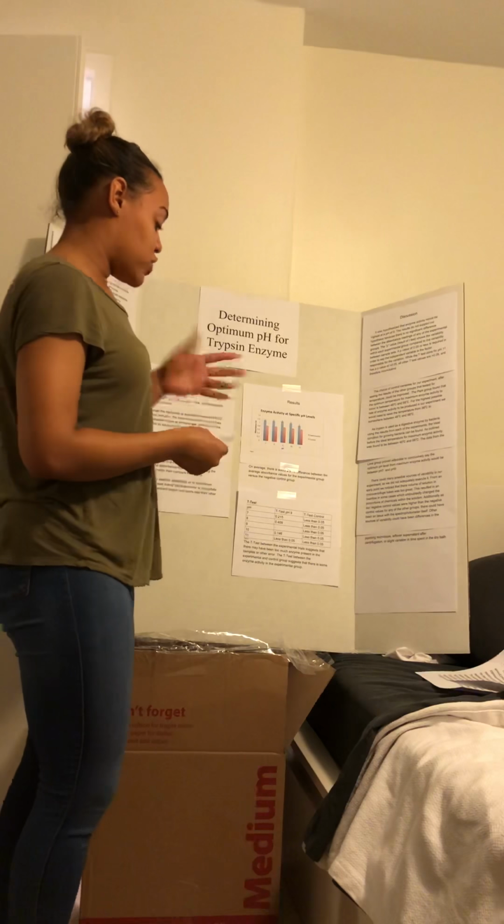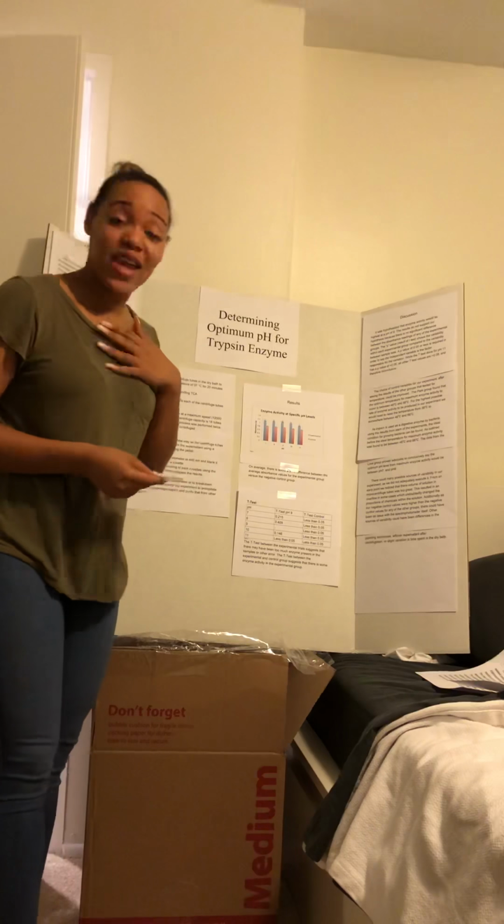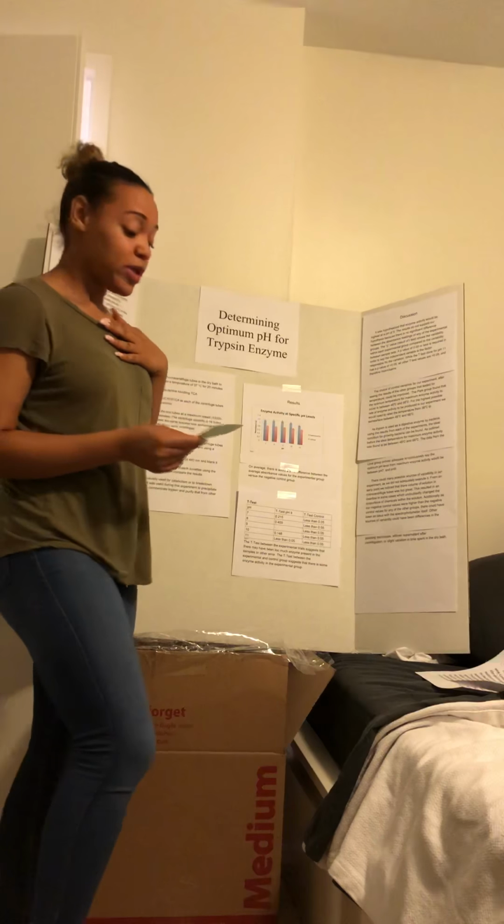We saw an average of about 0.8 for the absorbance. In the experimental group, most were reading about 1.15. Clearly at pH 9, there was a 1.1 or 1.2 absorbance reading.